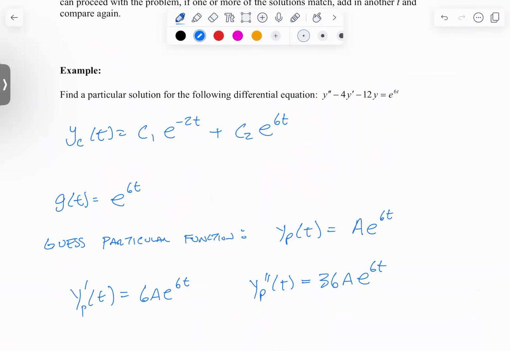Looking at our guess for the particular function and looking at the complementary, do you see anything? There's no negative 2t. I mean, yes, but c2 and y_p are the same. A and c2 are the same. This function pairs with that.